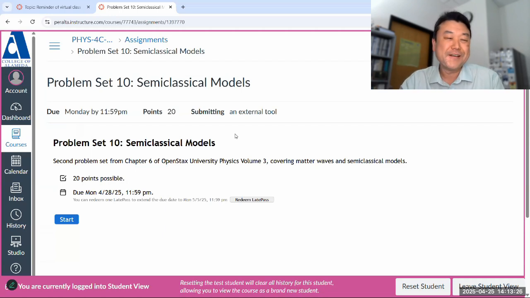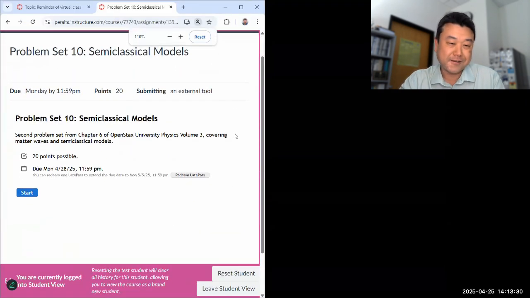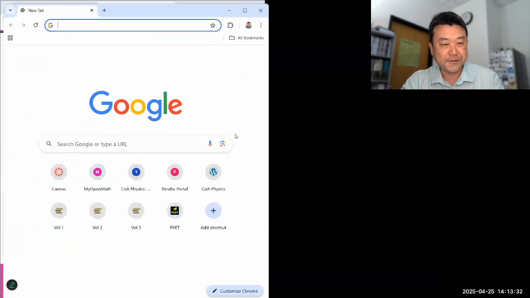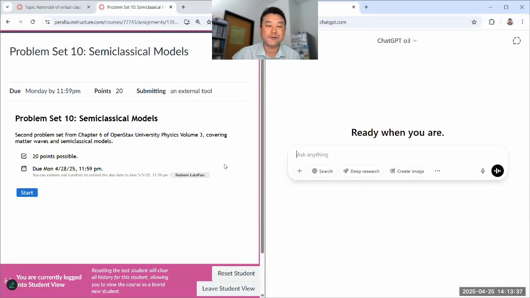But if you know the material, then you know the material. That's the test student, because he is my alter ego. He does know all the physics, but he's not a model student in any sense of that word.